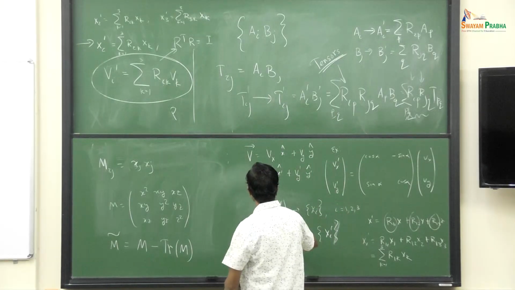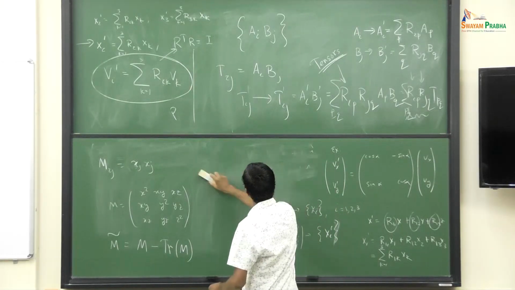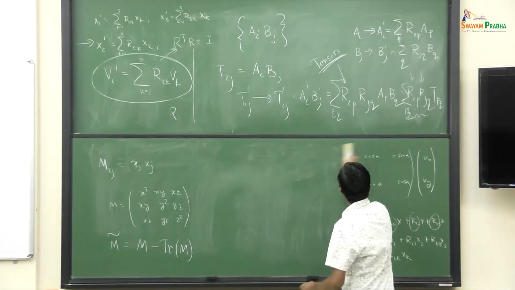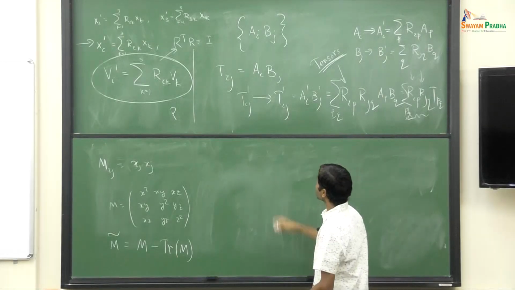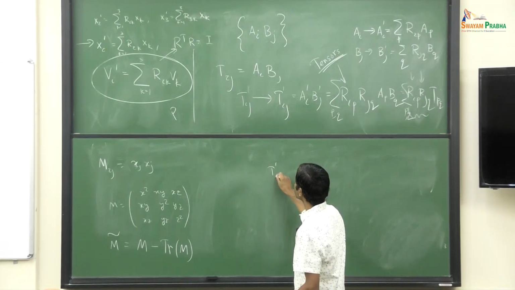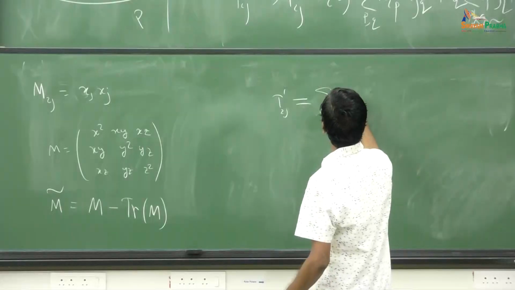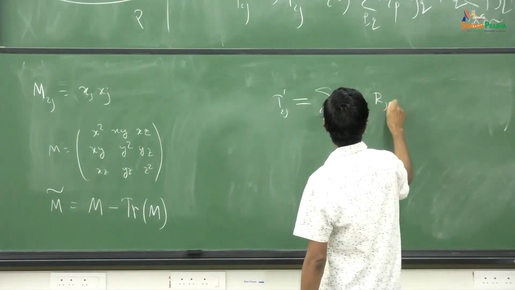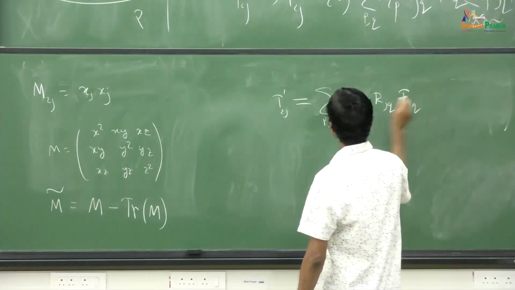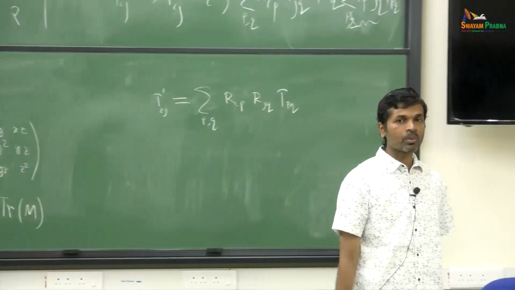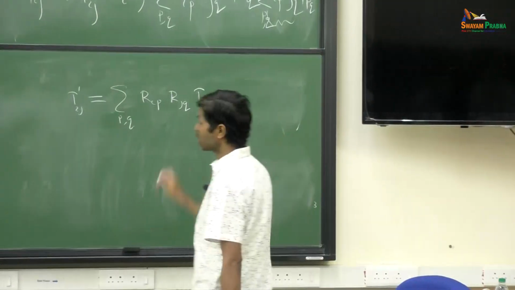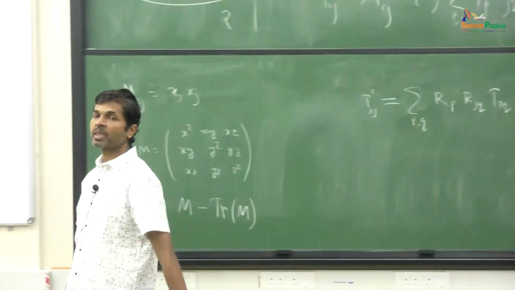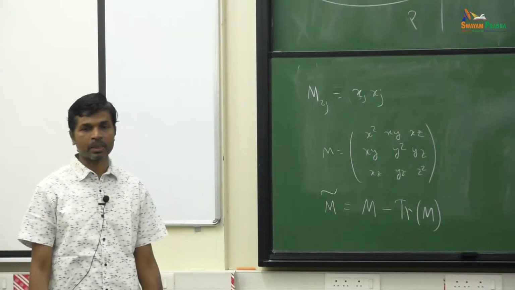Now in physics, why are they important? They are important because of this relation: T prime ij is equal to R ip R jq T pq. Why is this transformation rule important? It is important because suppose the components of a tensor vanish in one particular coordinate system.